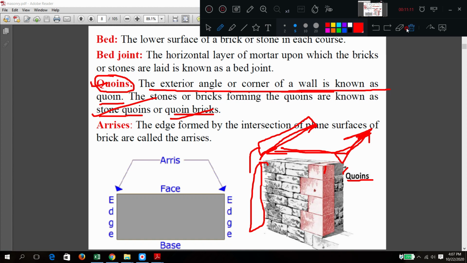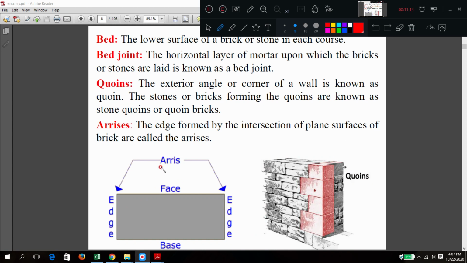Now, what is this arris? Arris is nothing but its edge, the visible edge like this. This brick is there, and here whatever edge is visible is called arris. The edge formed by intersection of plane surfaces. Intersection of plane surfaces means what?